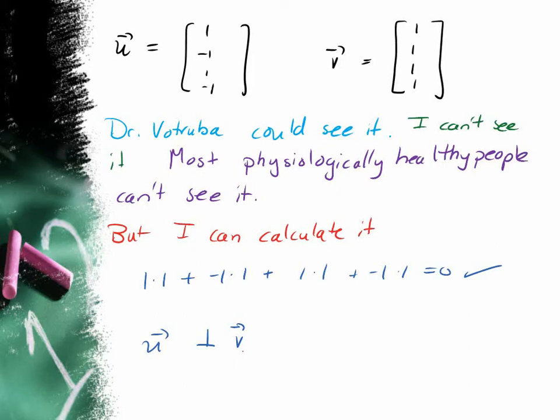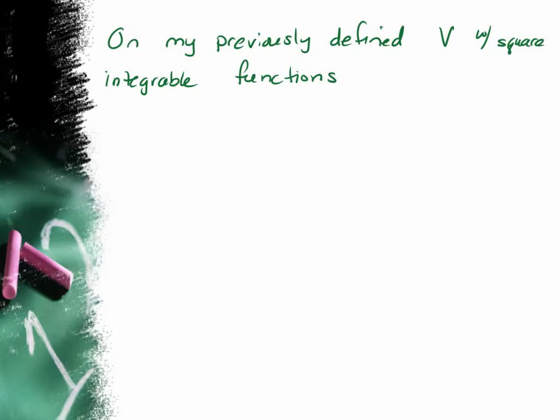But here I can't see it, but I can definitely calculate it. These two vectors I would call orthogonal because their dot product is 0. So that metric that I had in R2 and R3 still holds when I can't see it in R4. What's wild is it even holds in these weird spaces that I just showed you.